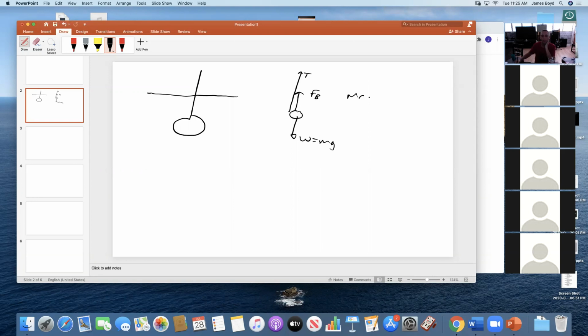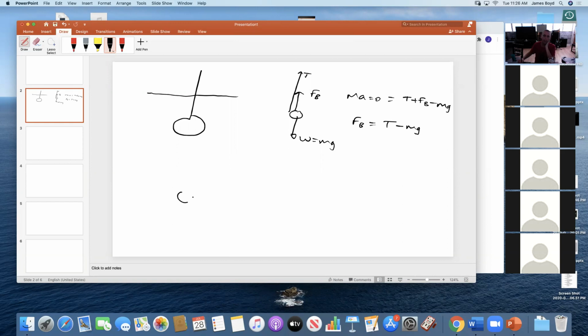The sum of the forces on here would be 0 because it's not moving, and they would equal T plus FB minus mg. And so our buoyant force would be whatever the difference in these two is. So if we could find mg, we could figure out what the buoyant force is.